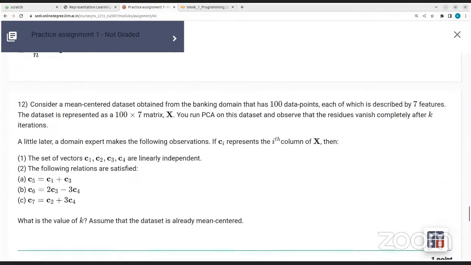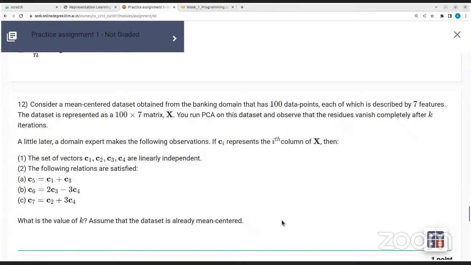So in that case, we can say that the data is ultimately lying in 4 dimensions only. Even though it has seven features, it lies in 4 dimensions, because the rest of the 3 features are correlated to the first 4 features. Correct. So only those 4 matter. The rest of the 3, even though you have some values for them, are not useful.